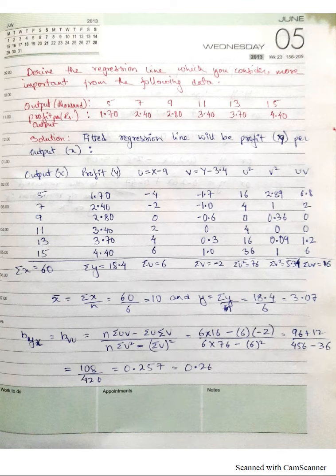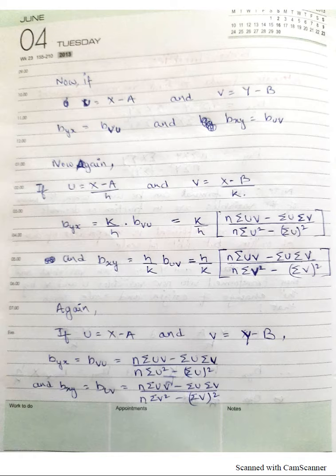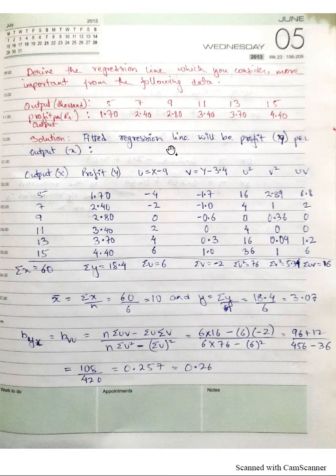So for our convenience, we try to change the origin of the data so that it makes it convenient for us to calculate the regression coefficient. And further, if we only change the origin, as we have discussed here, byx will be equal to bvu and bxy will be equal to buv, so it will not affect our regression coefficient, so we can easily calculate the coefficient of regression.